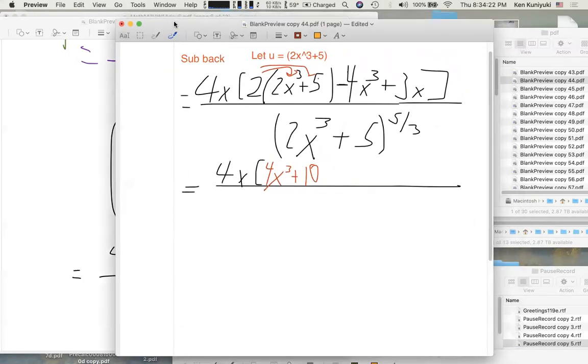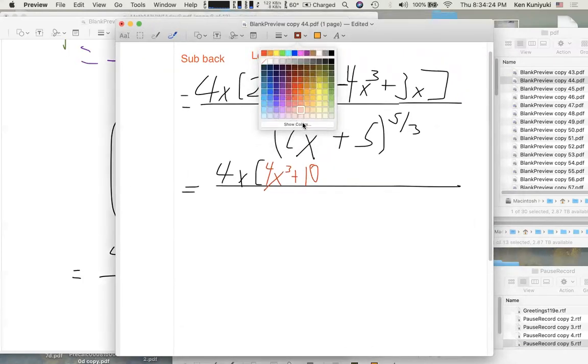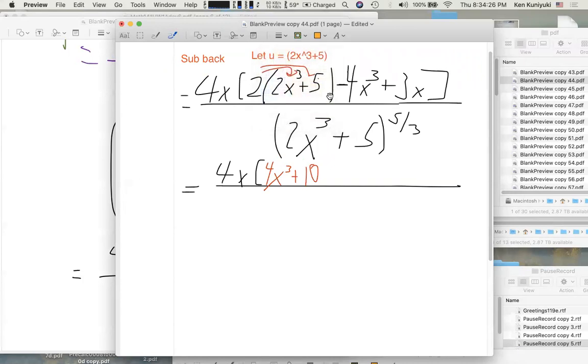Why am I so happy? Minus 4x cubed. This won't always happen, but it happens here. Because what great thing happens? This doesn't always happen, but it happens here.